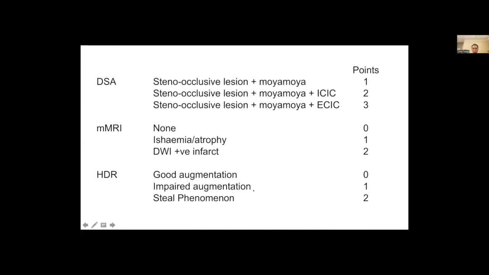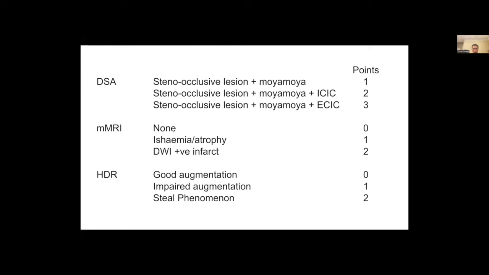So as you can imagine, these studies include patients from 1991 to 2014. So it covers over 25 years of practice. So there have been different modalities used to study the cerebrovascular reserve.